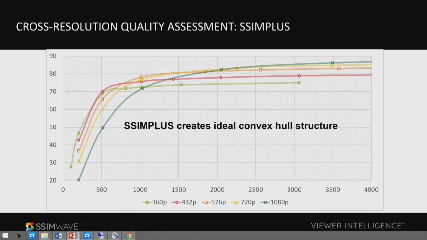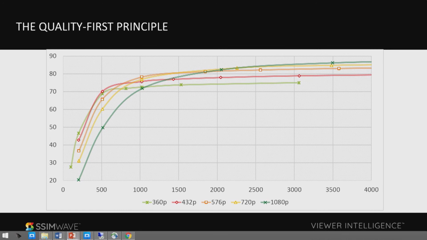If you look at this picture, 1080 is going to be high at the very beginning, and then you have 720 and 576 and so on. These curves are nicely crossed, just like the ideal quality metric convex hull structure you have seen on the Netflix website.